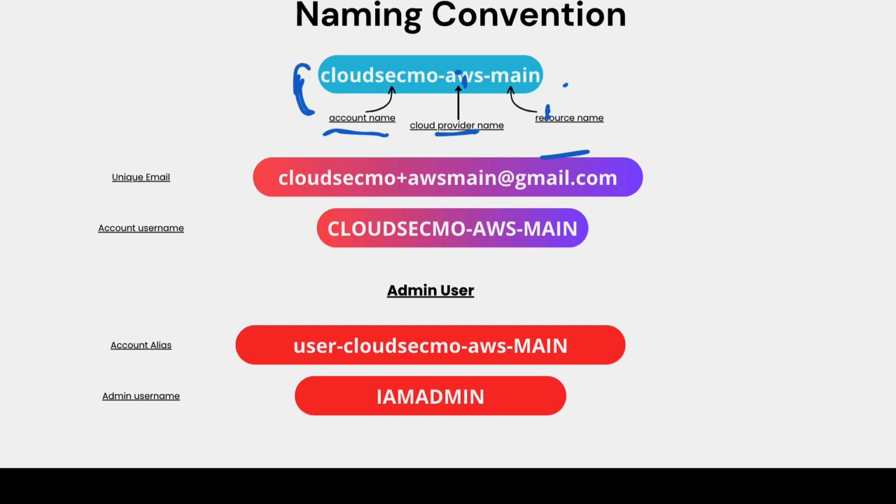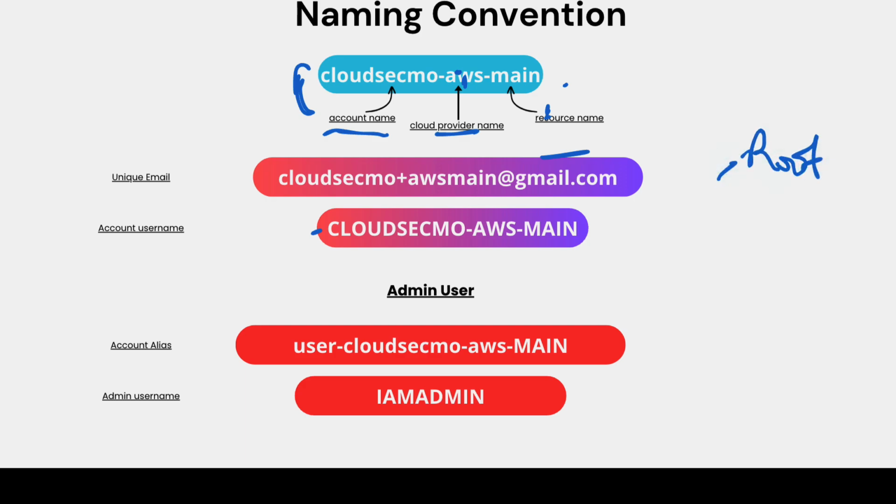For this account creation, my account name is CloudSecMo, and it's going to be my AWS main account. This means this is the email address I'm going to be using to create my first account, which is going to be the root.